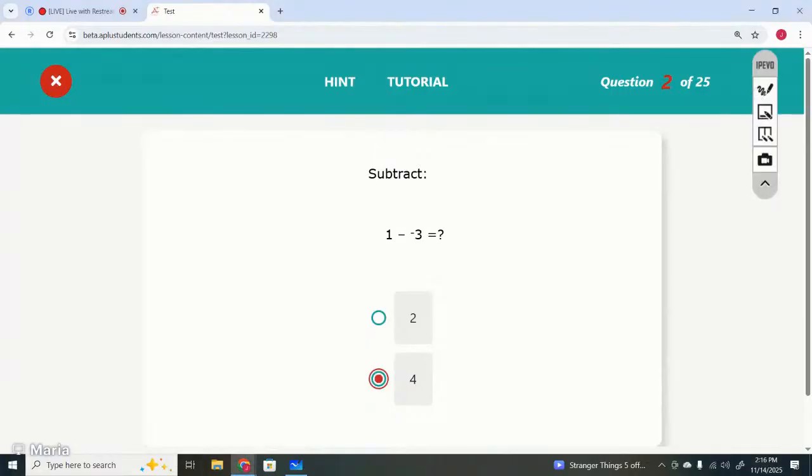The correct option is 4. -1 minus 1 is -2. The correct option is -2.